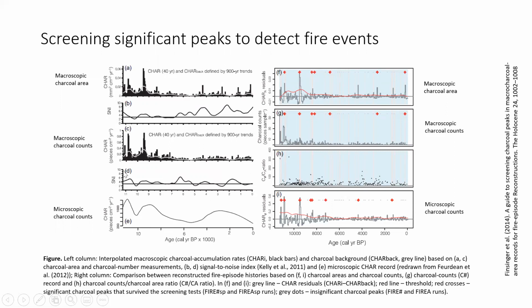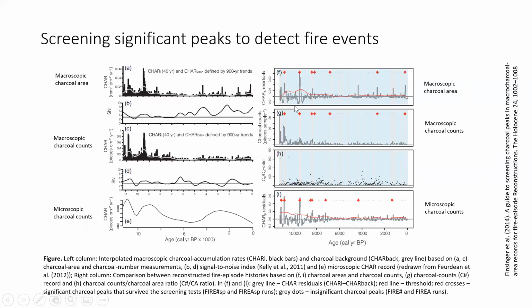So this is basically the data. And then here are the residuals between the background charcoals and the peaks, and then the significant peaks that are coming from the threshold defined by the signal to noise index.